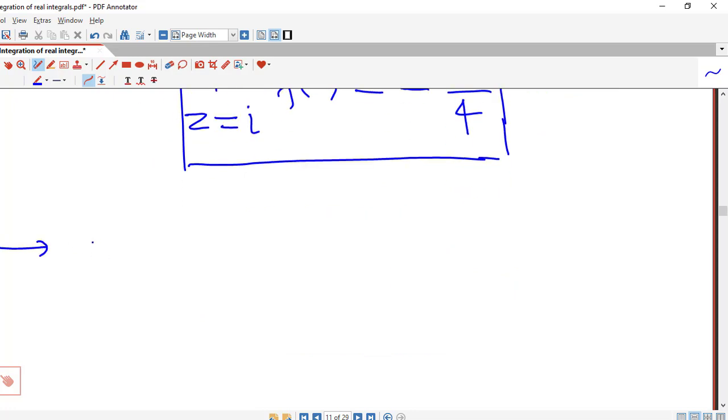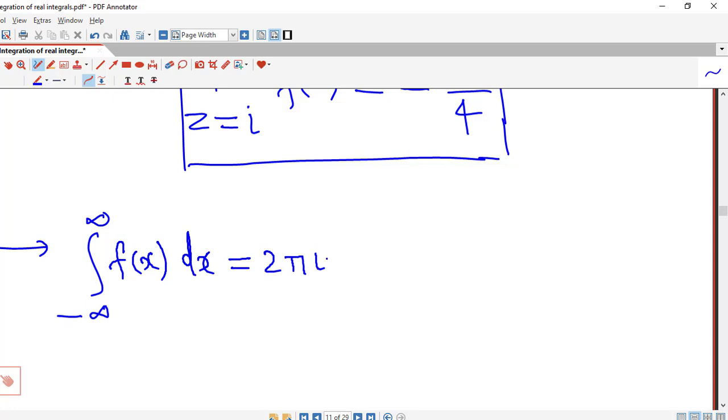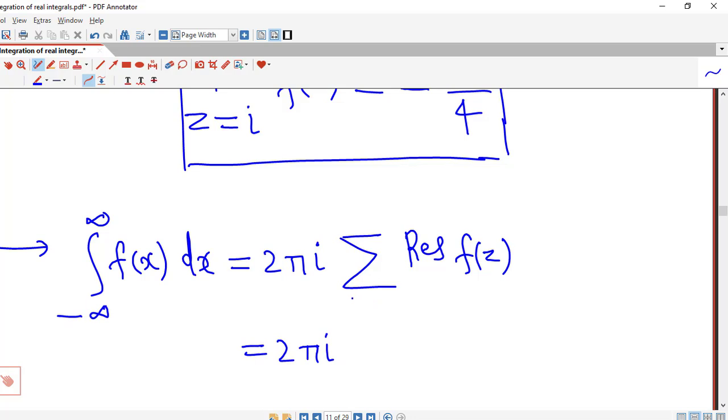We know that the integral from minus infinity to infinity of f(x) dx will be equal to 2 pi i times the sum of residues of f of z.